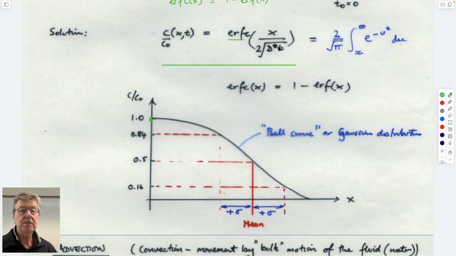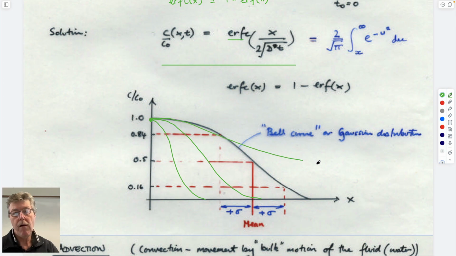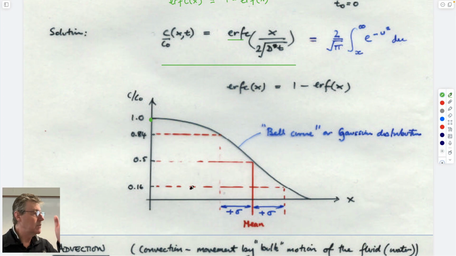So if you allow the time to increase, the value of this coefficient will change, and therefore the complementary error function will change, and at earlier times it would look like this, and this, and this. I'll remove those. So those would be at times 1, 2, 3, and 4.